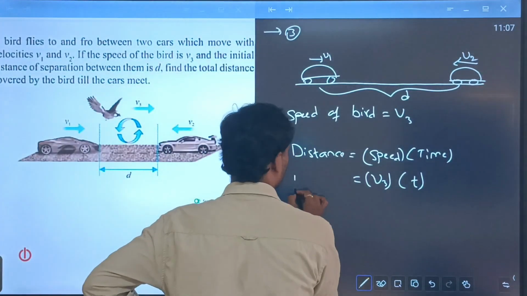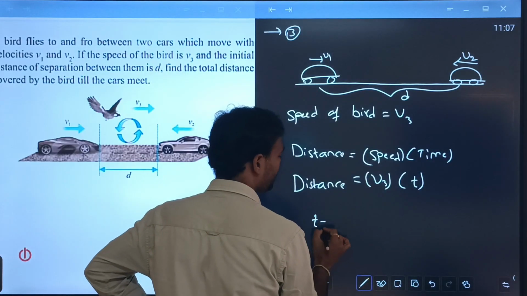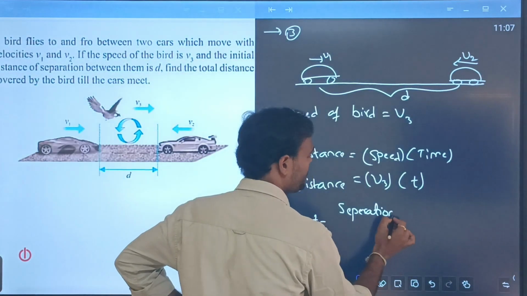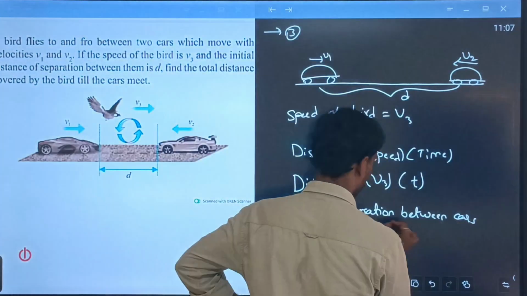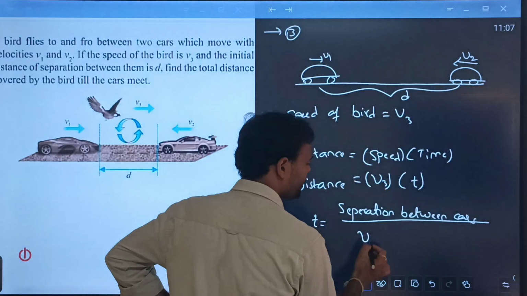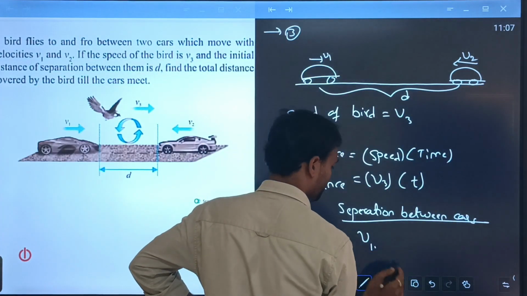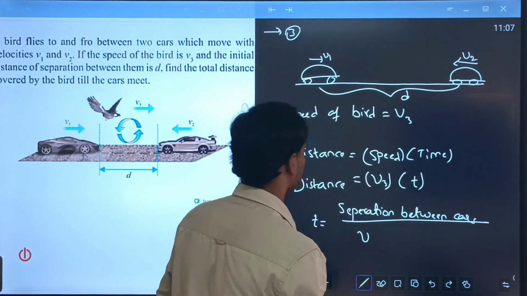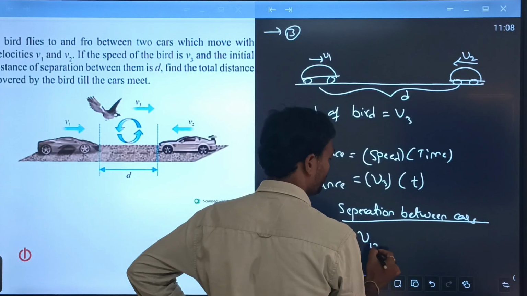That will be defined by t is equal to the separation between the cars by the relative velocity, that is the velocity of 1 with respect to 2.